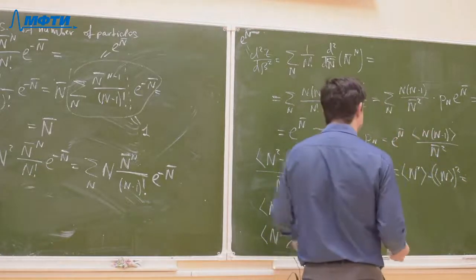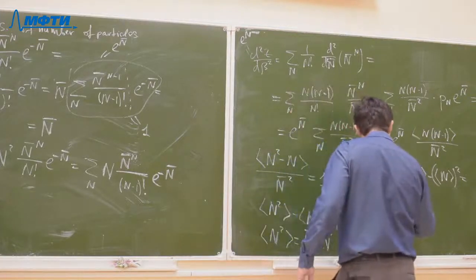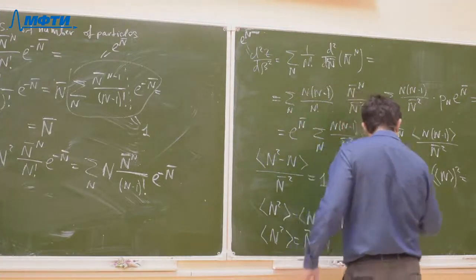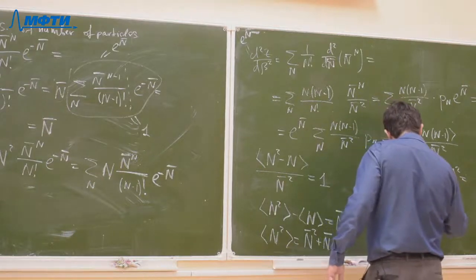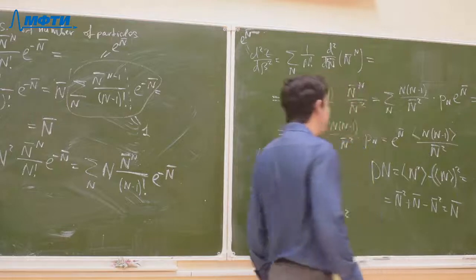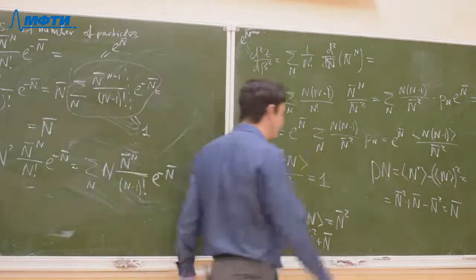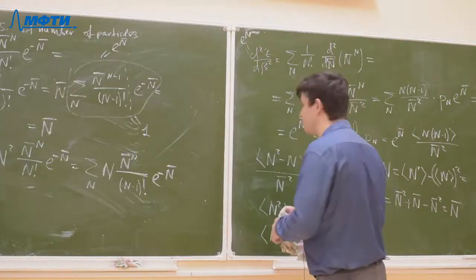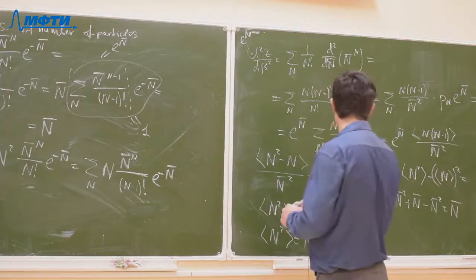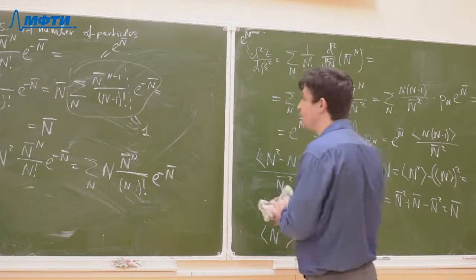And then after I insert all what I know inside this expression, I get that the variance of the number of particles is equal to the average number of particles. This is one of the important properties of the Poisson distribution, that its variance equals the average number of particles.